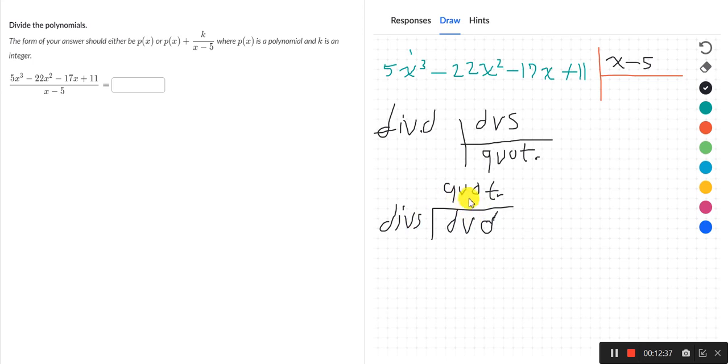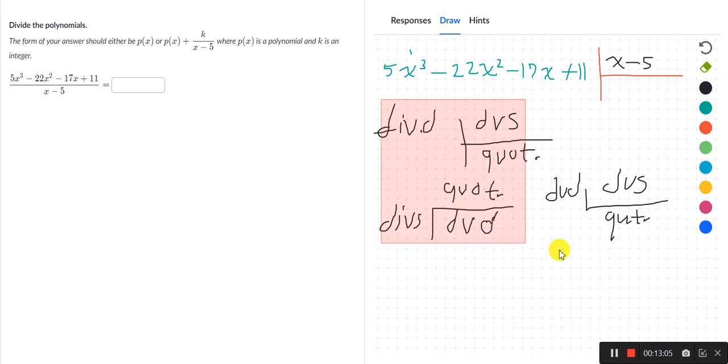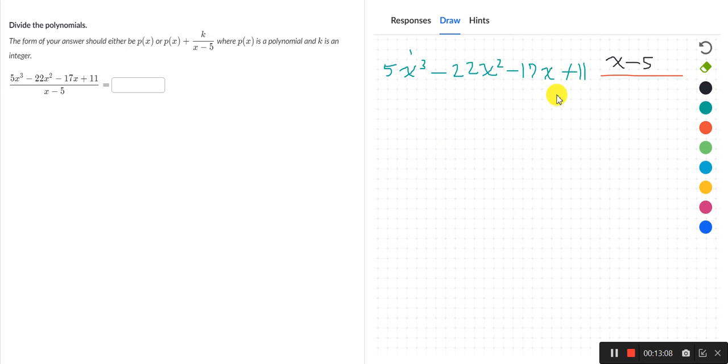This to me is less intuitive. This one looks more like a division, but that's fine. Some people do it like this, where the divisor is here, the dividend is here, and the quotient is here. It really doesn't matter. So let's use this one here.